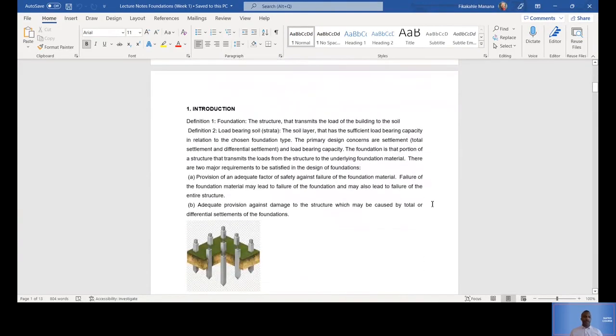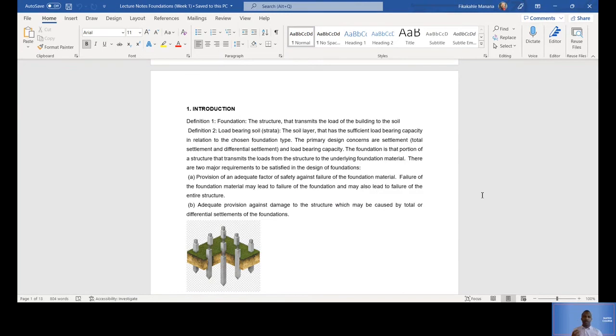Okay, so I don't need to define a foundation because you already know it, but basically, to remind you, it is just the structure that transmits the load of the building to the soil. So the structure at the bottom is what we call a foundation, and its job is to take the loads of the building.